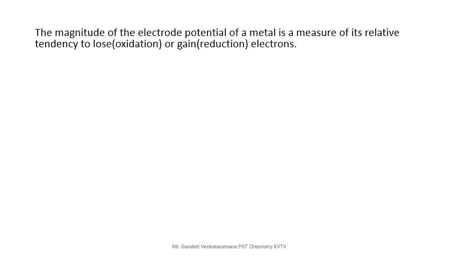The magnitude of the electrode potential of a metal is a measure of its relative tendency to lose or gain electrons. So loss of electrons means oxidation, gain of electrons means reduction. Already you know. Electrode potential has two types here: oxidation potential and reduction potential.